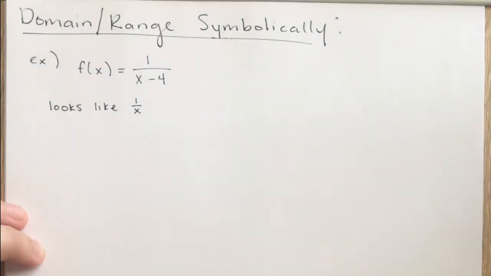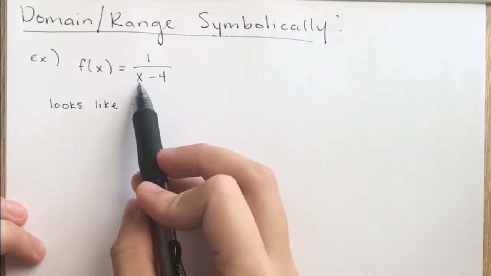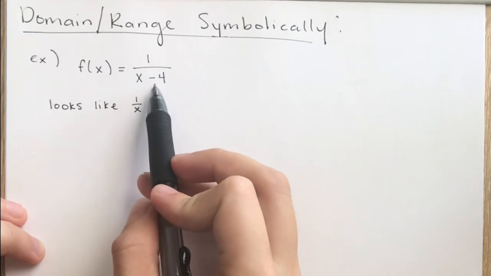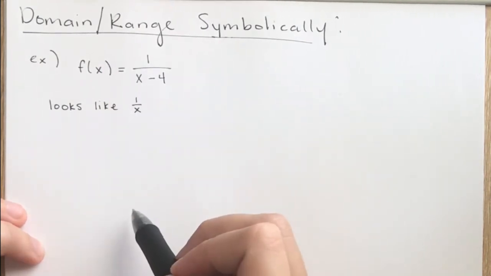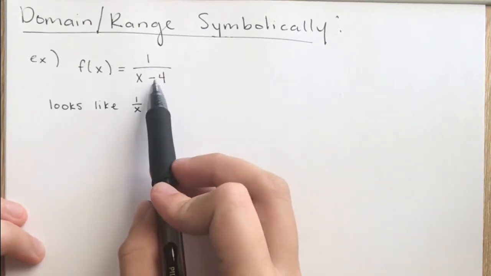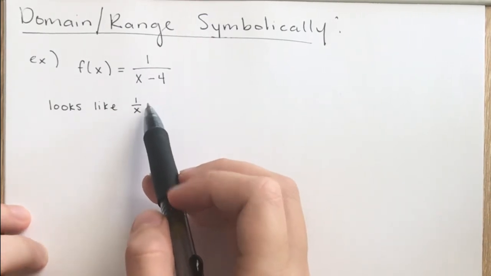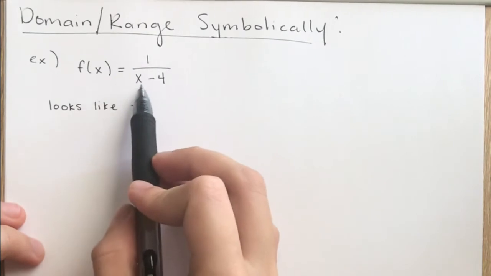So let's think back to our last lesson on transformations. In transformations, we discussed that if we subtract 4 on the inside, what's going to happen? Inside was affecting the x values, right? We are subtracting 4 from x here.